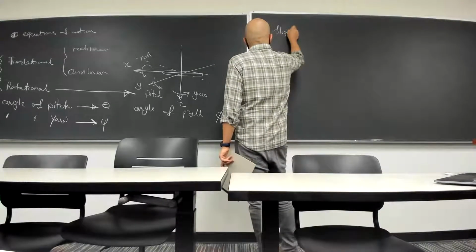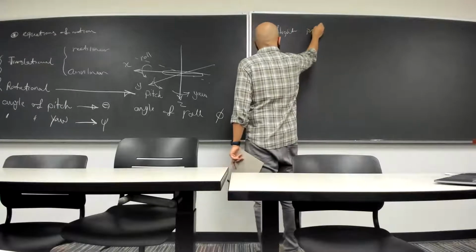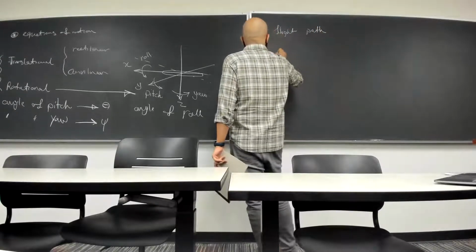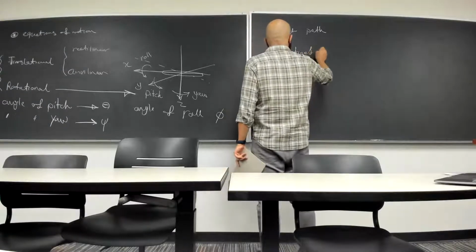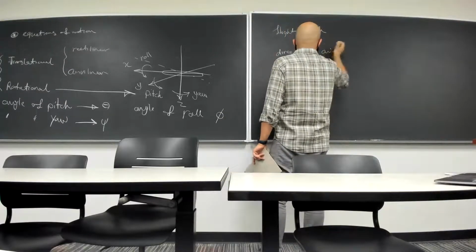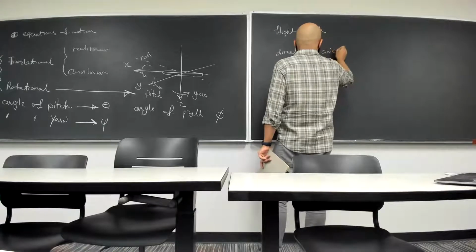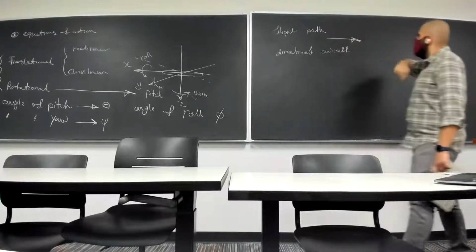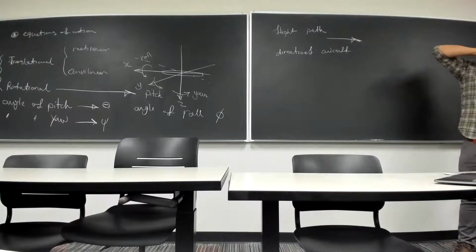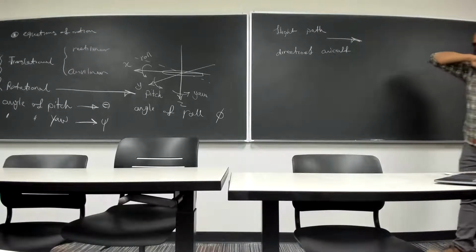Flight path and direction of the aircraft itself. I mean, the center line of the aircraft, whatever you want to call it. What is the main angle we have here? Angle of attack, alpha.